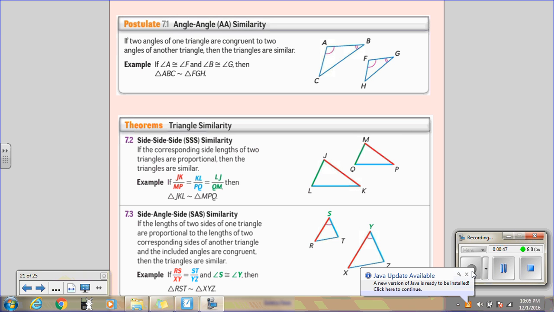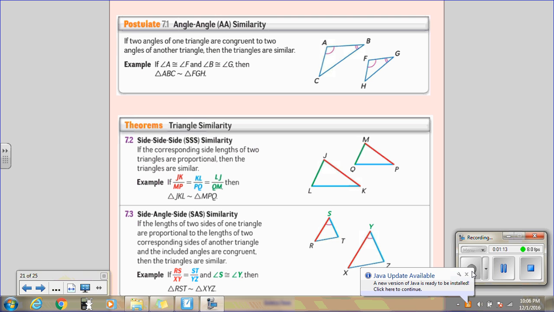The second way is the side-side-side similarity theorem. Essentially, you have corresponding sides like JL and MQ, and the ratio between all pairs of corresponding sides would need to be equivalent.